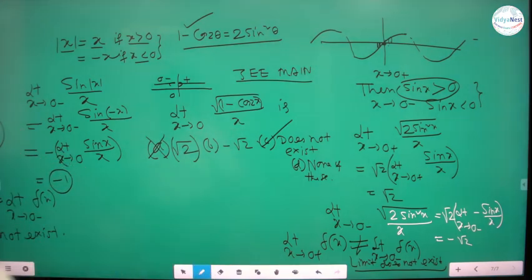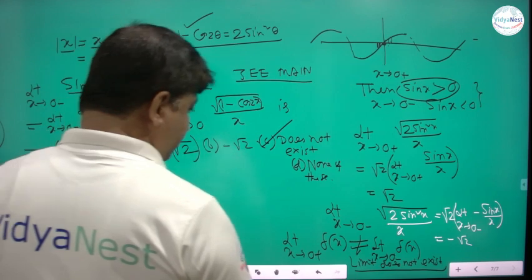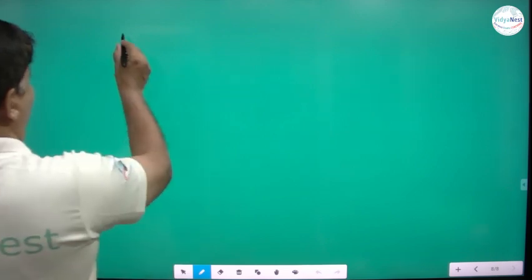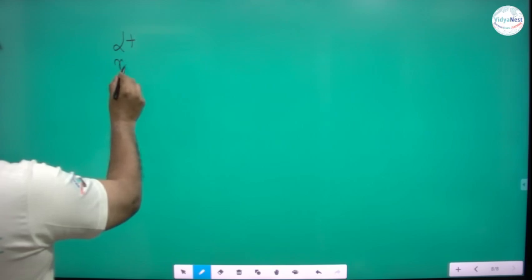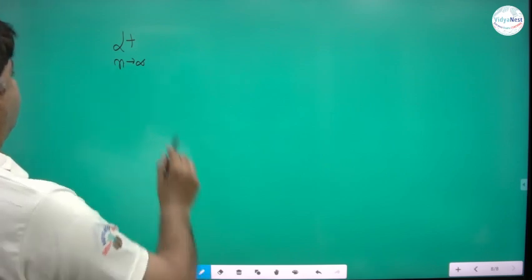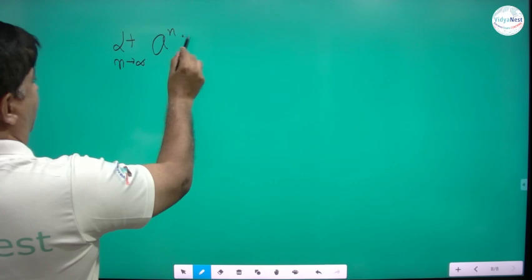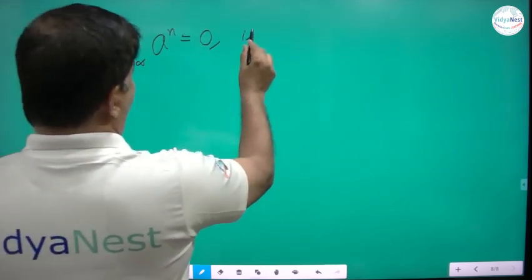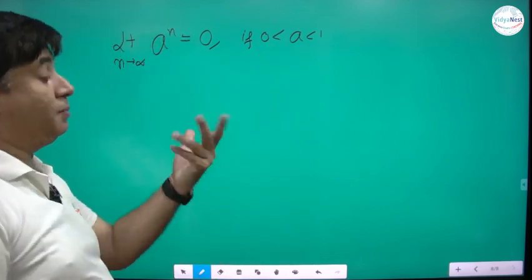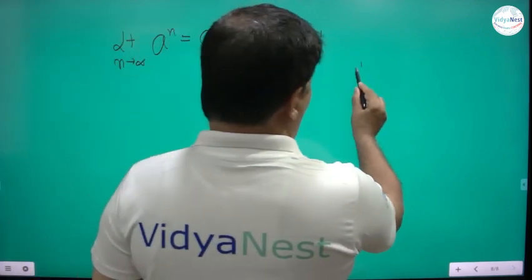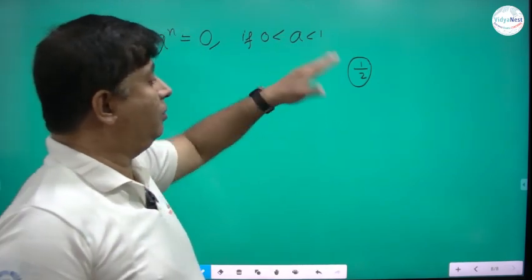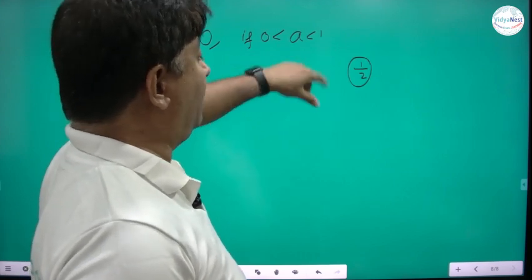Okay. Now, one important property. Limit n tends to infinity, a to the power n is 0, if a lies between 0 and 1. You can ask me why. Suppose you have chosen the number half. Half is a proper fraction. Now you keep on putting exponents on it.